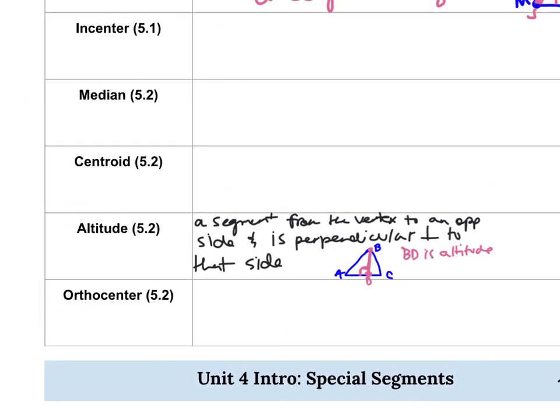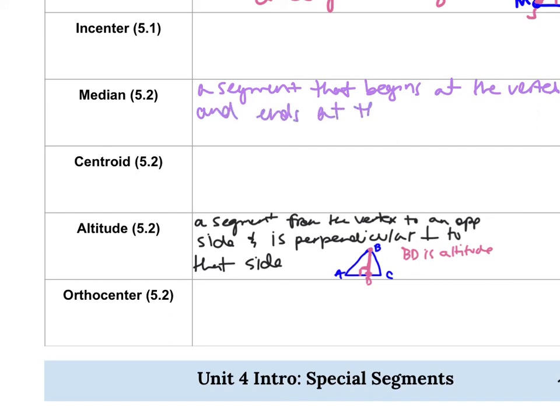We'll fill in our vocabulary again. The median is a segment that begins at the vertex and ends at the midpoint of the opposite side.